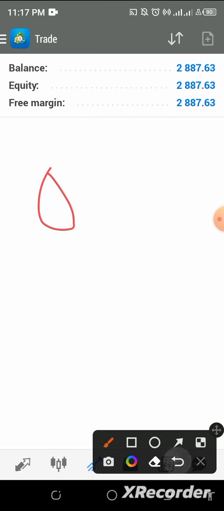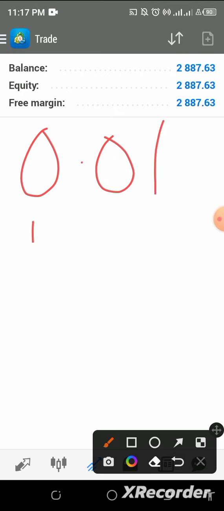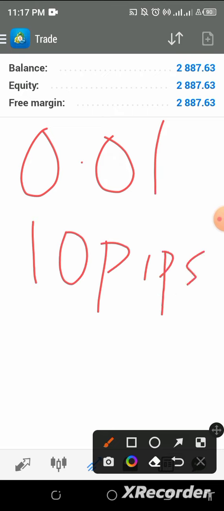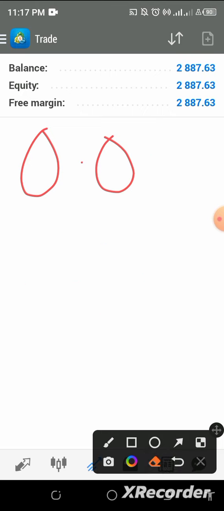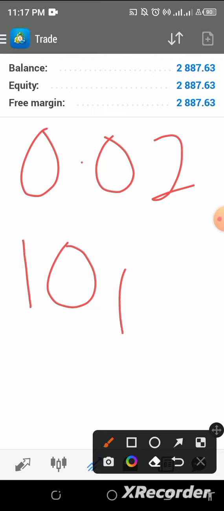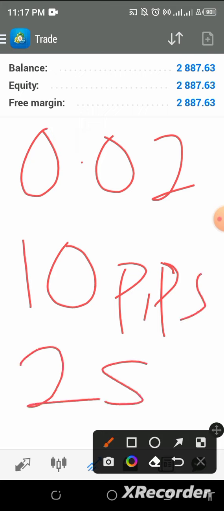Whenever you use 0.01, 10 pips will give you $1. And whenever you use 0.02, 10 pips will give you $2.